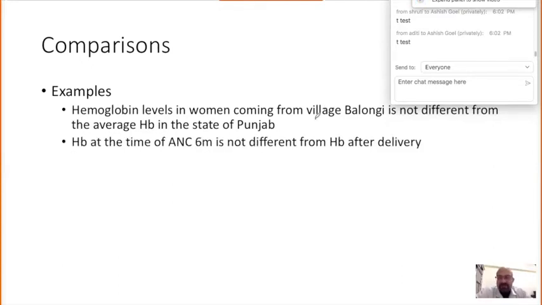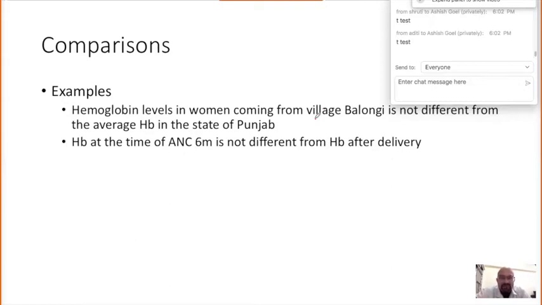And we're trying to look at hemoglobin at the time of ANC at 6 months. So all the women who are at 6 months ANC, and I believe that this is not going to be different from the hemoglobin in the same woman after delivery. So what kind of a test will we use in this?